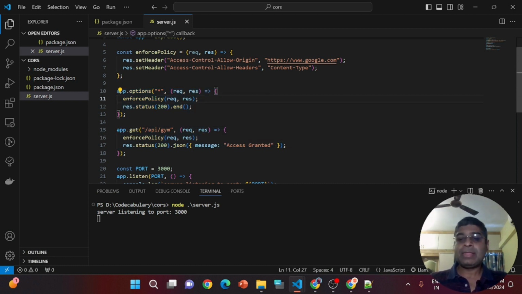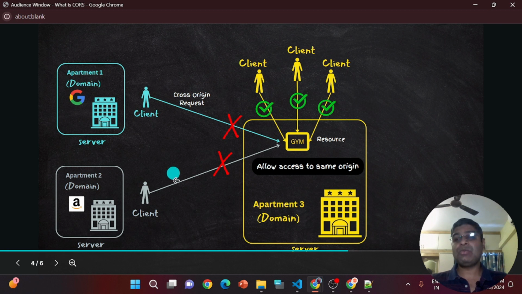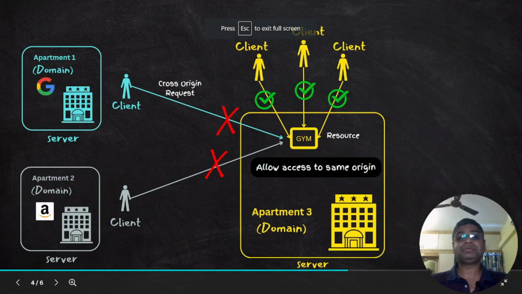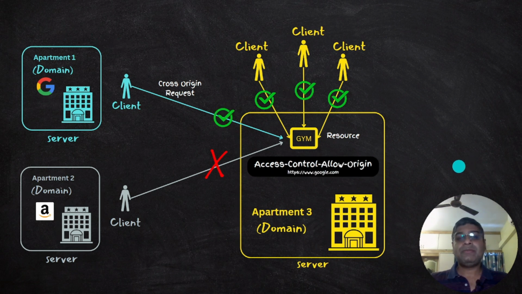Now let's head back to the analogy that I was explaining, and let's see how we can relate it with the options call. Initially there was no access to this resource. So we added something called access control allow origin, and we added the Google domain here. Then when the client made a cross origin request to access the gym, the client was able to.